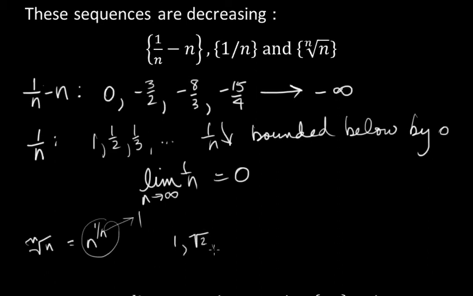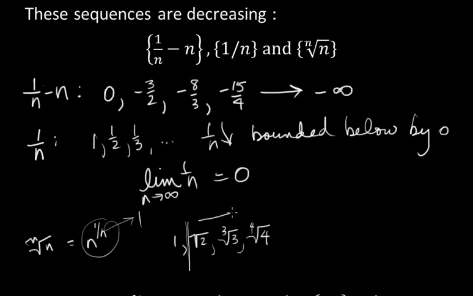We have 1, then we have the square root of 2, the cube root of 3, the fourth root of 4, and this sequence starts decreasing after the first term.